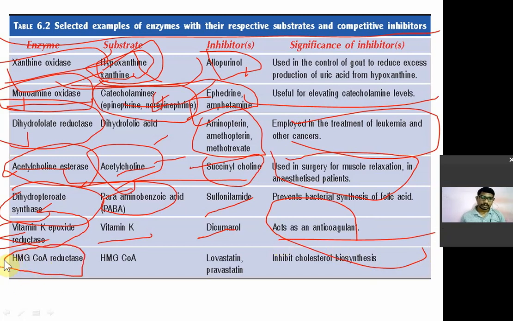Now HMG CoA reductase एक एंजाइम होता है हाइड्रोक्सीमिथाइल ग्लूटारिल CoA. That enzyme hydroxymethyl glutaryl CoA reductase.